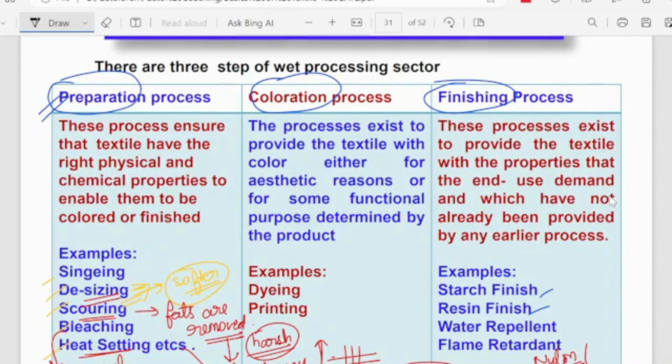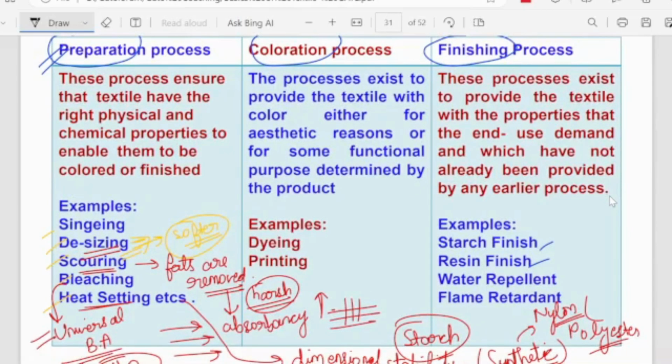Desizing, size is removed. Scouring, fats are removed. Bleaching is done by reducing agents and oxidizing agents to make the fabric more white. Then heat setting is done, and finally mercerization, so as to make it softer and bulkier.